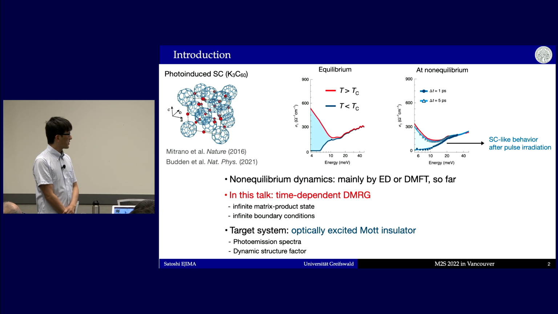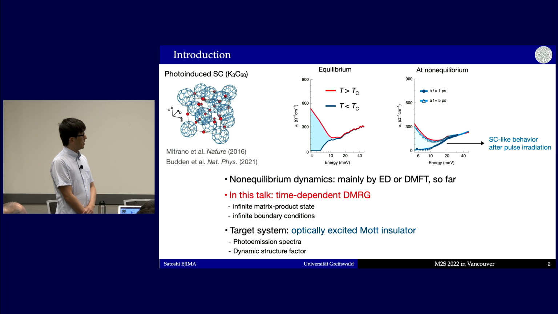Yesterday and today also, we had a talk about photo-induced superconducting states of K3C60. And in order to see such non-equilibrium dynamics, we used time-dependent ED or DMFT so far.